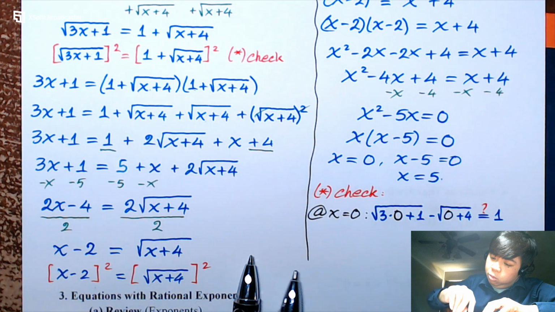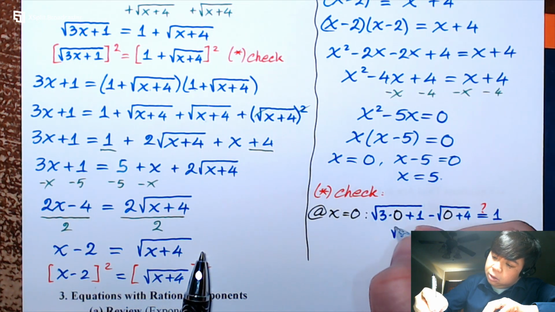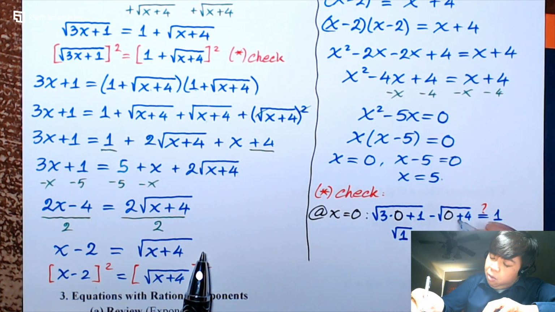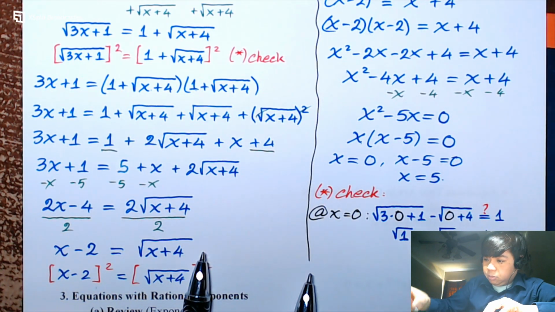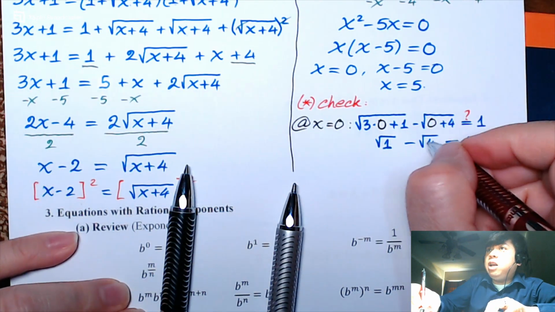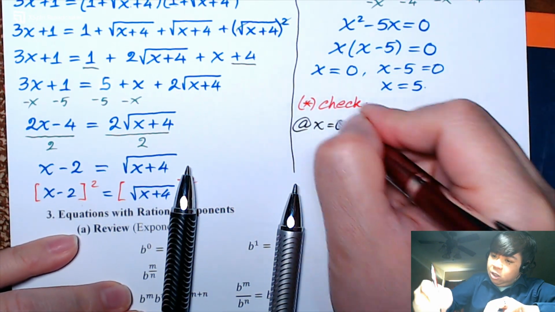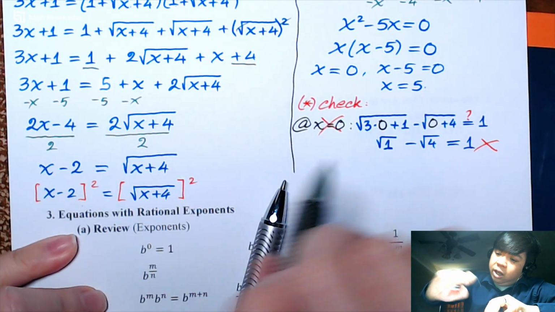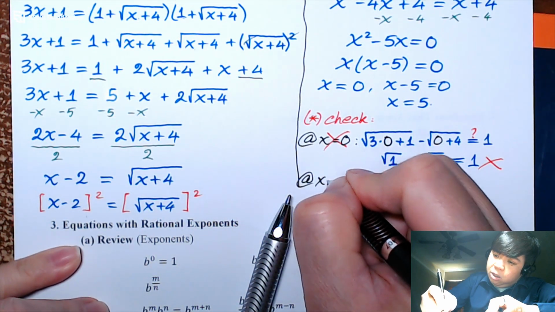So this is square root of 1, which is 1, minus square root of 4, which is 2, and that is not equal to 1. 1 minus 2 is minus 1. So I have -1 on the left side, so that doesn't work. So 0 doesn't work.